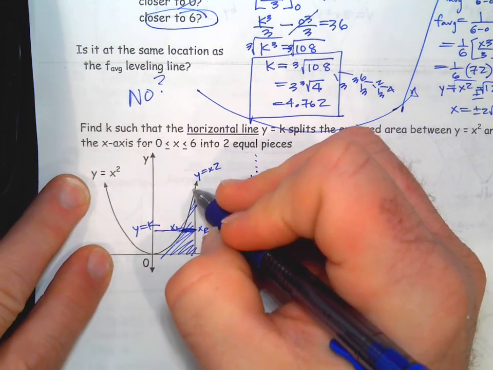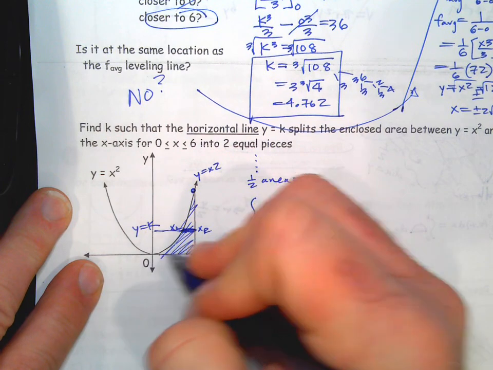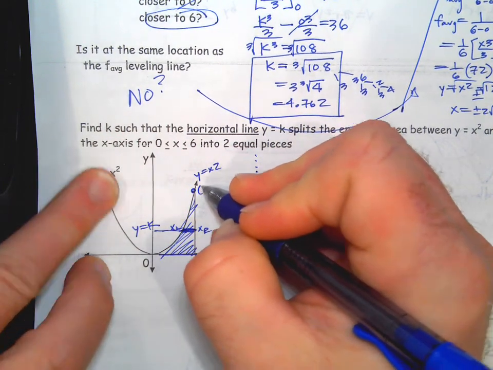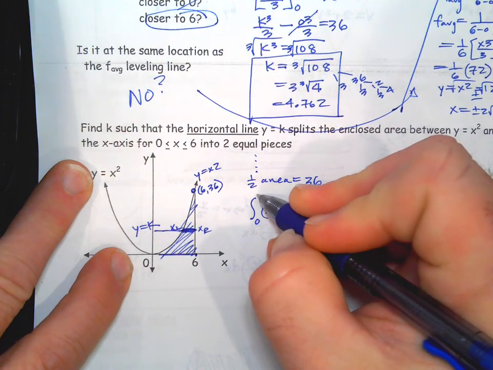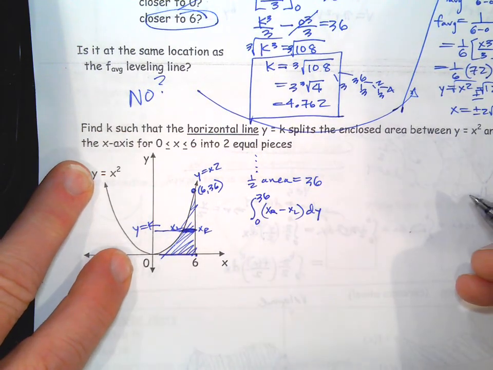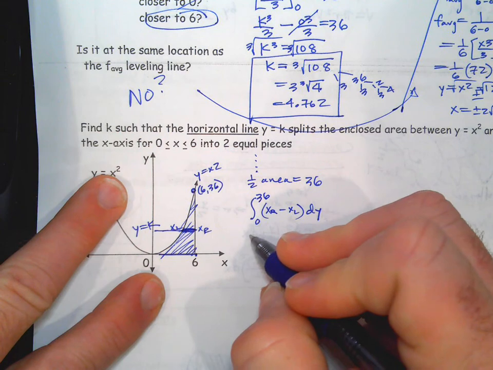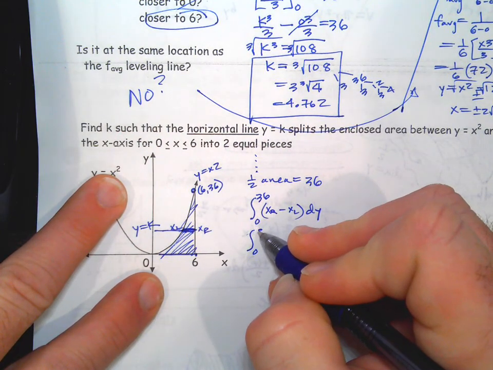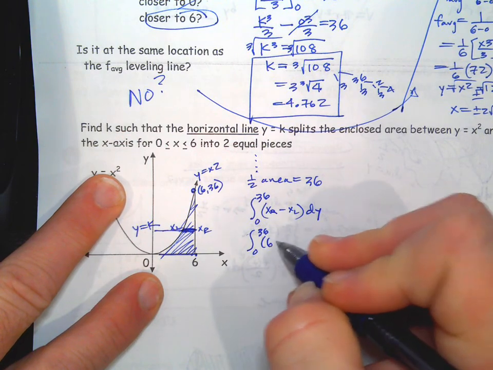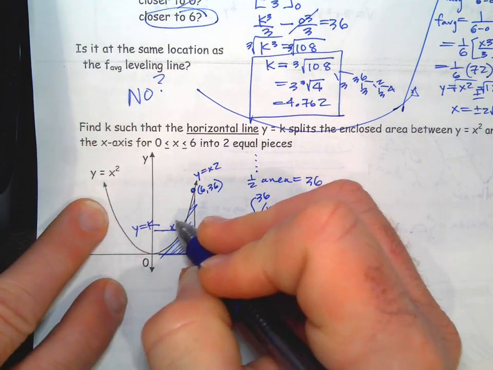We're going to go from y value 0 to 36. So the limits are 0 to 36. It's the y direction. So x right is always 6. x left, we've got to figure that out.